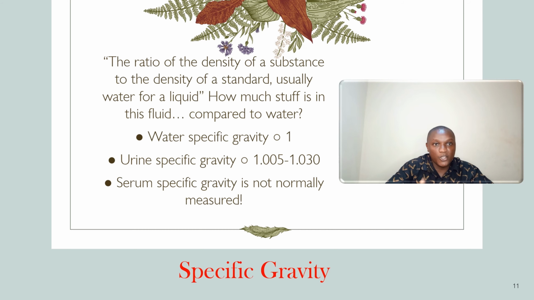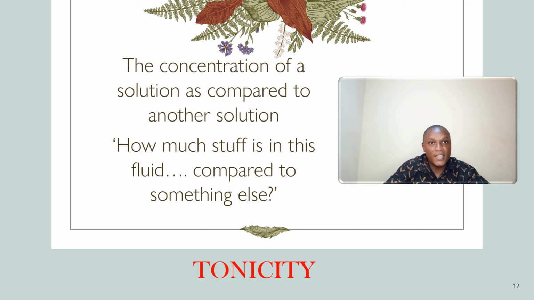So when you look at the urine specific gravity, we are looking at how much stuff is in this urine compared to water. So urine specific gravity is 1.005 to 1.030. That's the normal urine specific gravity. The other term we need to learn is tonicity.